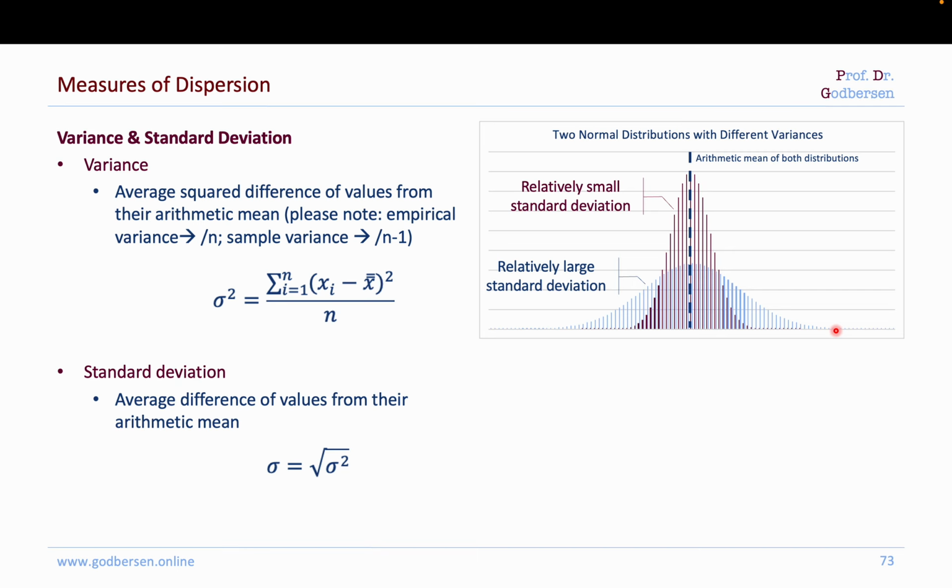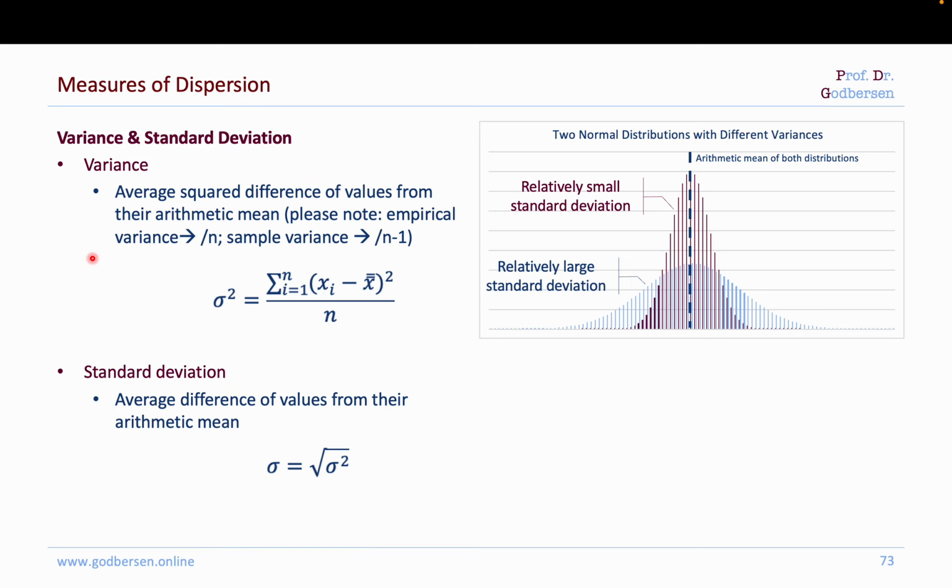And for this, we need an indicator. The indicator, whether our values are close to the arithmetic mean or quite far from the arithmetic mean, is the standard deviation. The variance is the step you need to calculate first to be able to come to the standard deviation.